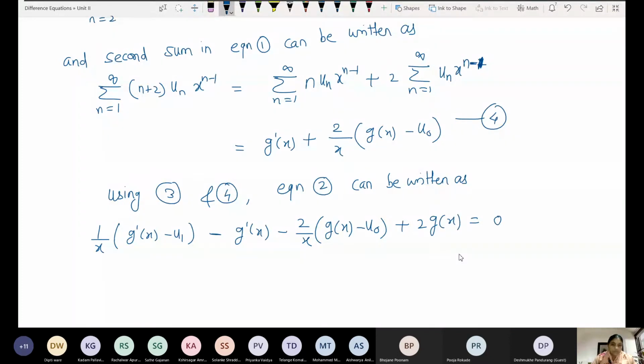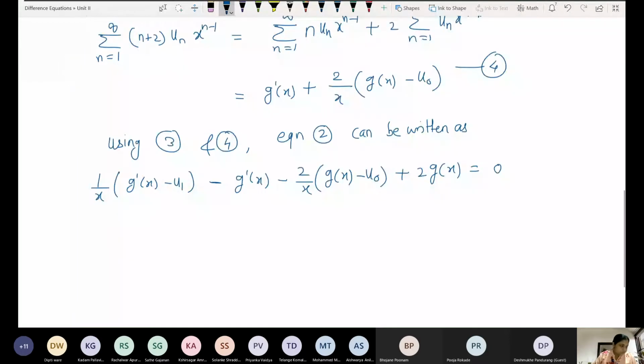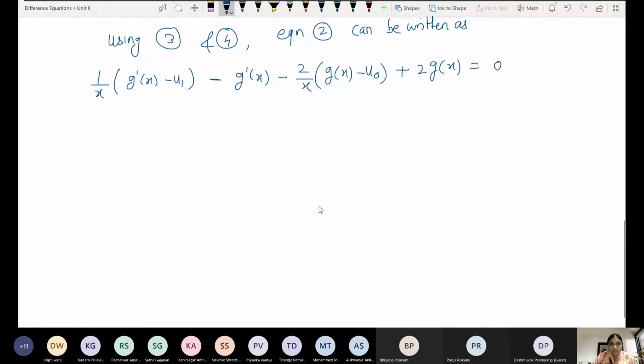Is that okay? So if I simplify, now 1 by x g dash of x minus u1, minus g dash of x, minus 2 by x g of x minus u0, plus 2 times g of x.